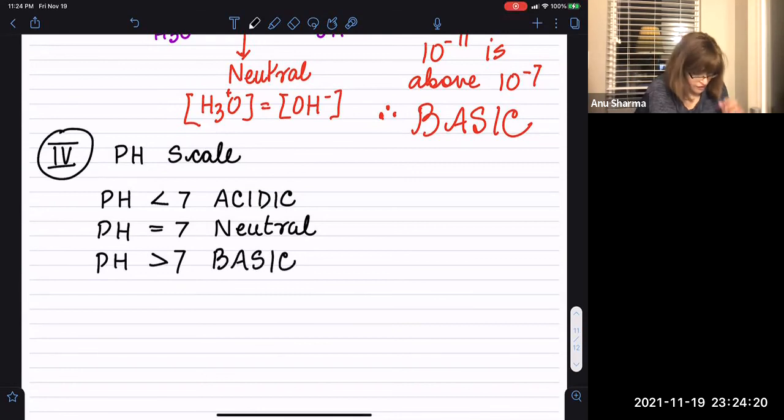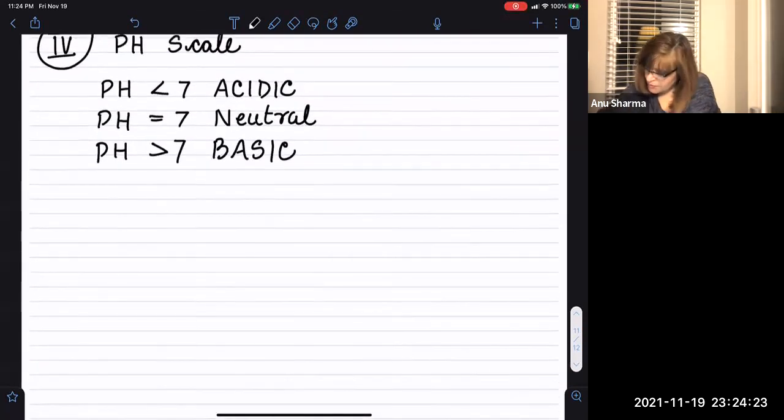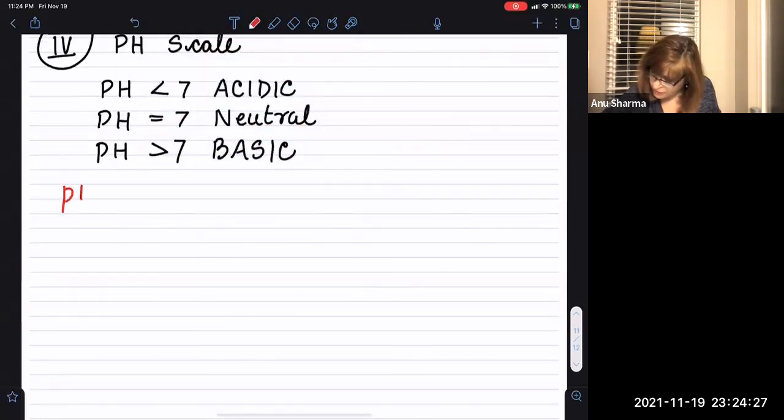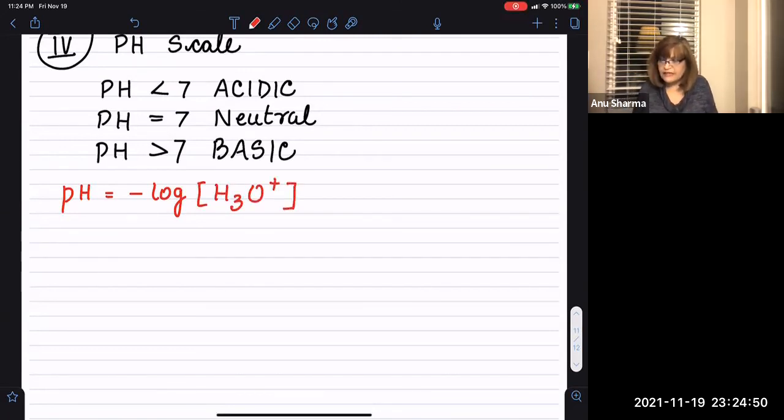Okay, now there's a formula for the pH. We are not doing the calculations because it involves the log on the calculator, and I know it's hard for some students, so I'm just canceling that out. But you should still know the formula: pH is the negative log of the hydronium ion concentration.